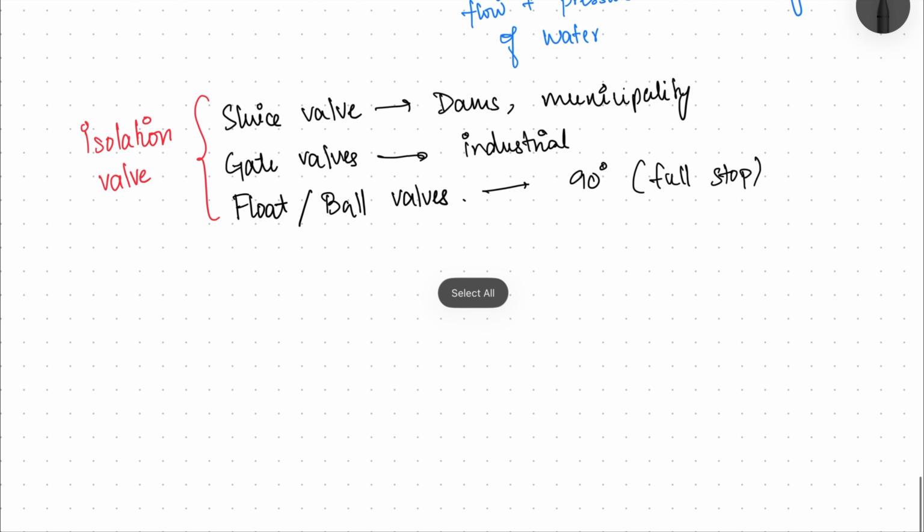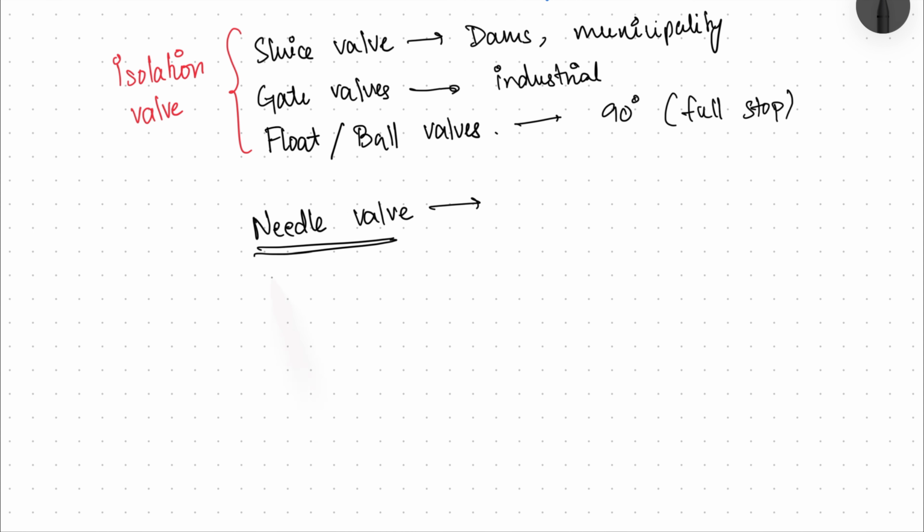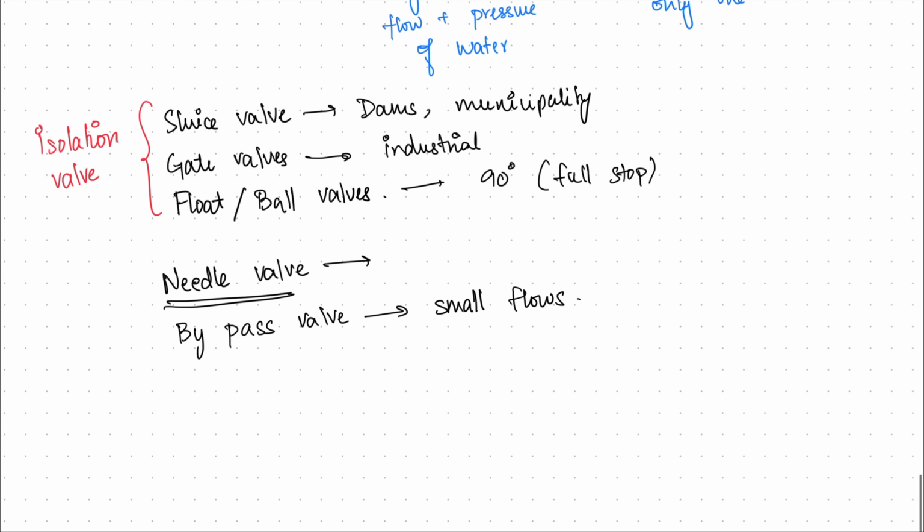Then we have needle valve, which gets its name because the stop or flow regulator is in the shape of a needle. Bypass valve, which was used only for smaller flows. Then we have globe valve, which is the most common type of valve.